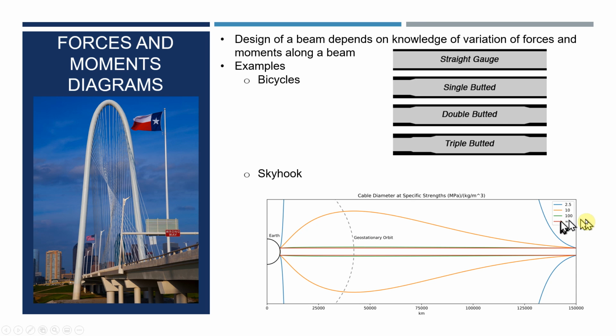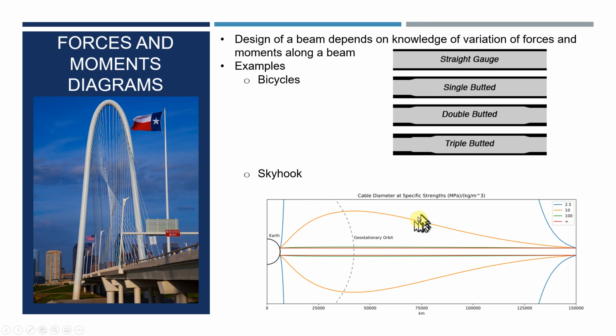If you had an infinitely strong material, you could follow this red line. But the green line is still pretty darn good. It's fascinating that we can think about launching vehicles into space by using an elevator. And we'd have to have a special cable that meets this kind of design criteria.